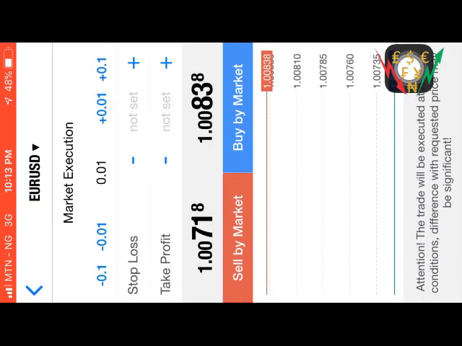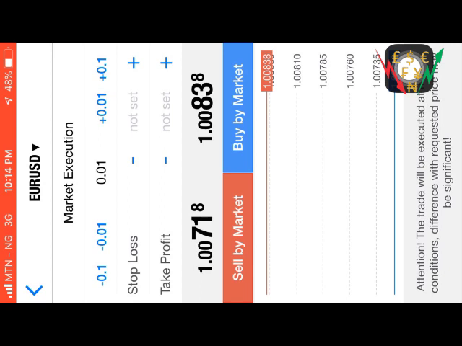But I'm of the assumption that you're just trying to test this out, so you should be using a demo account. On a demo account, you can stand the risk of losing funds because you don't have any funds to lose. But this is exactly how it is to place a trade: from your charts, when you've analyzed the market and you've seen the market, you just press the trade button.